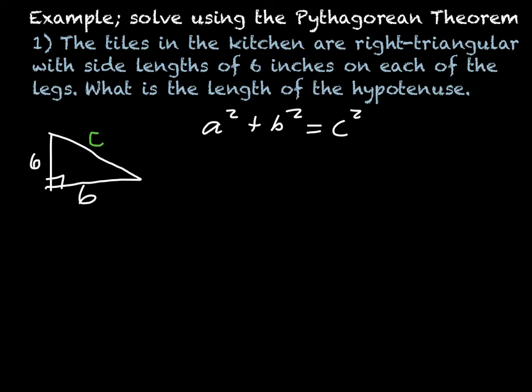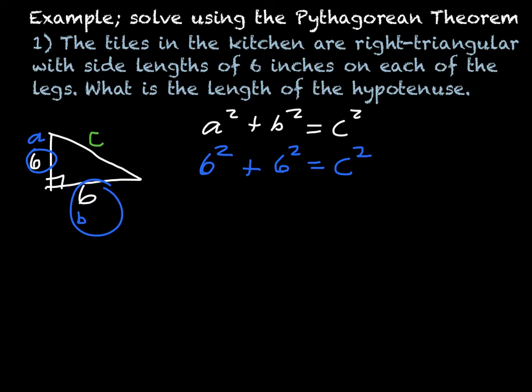And we fill in what we know. So we know a is 6. So I have 6 squared plus my b, which is also 6, squared equals my c squared, which I do not know. That's what I'm going to find out.